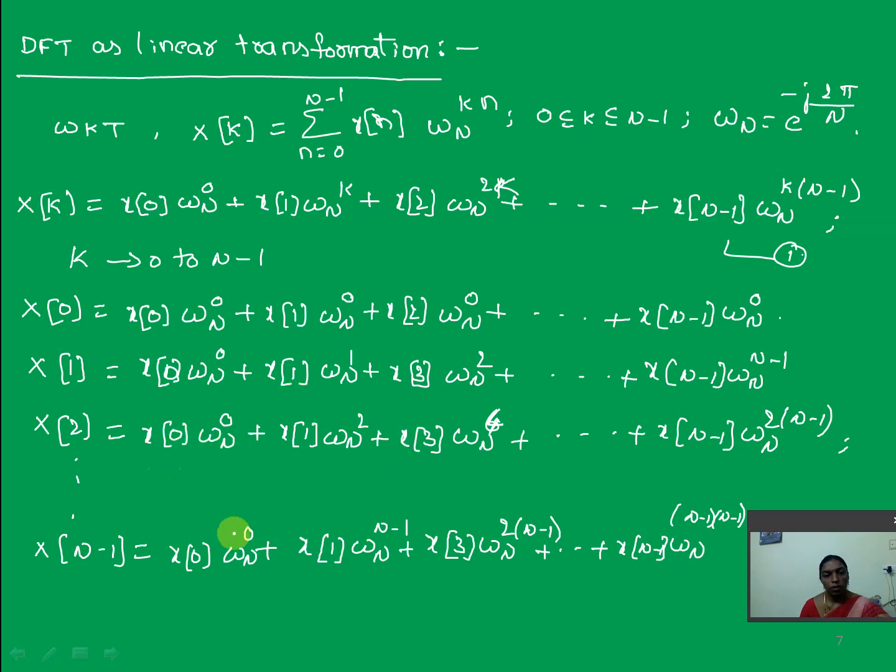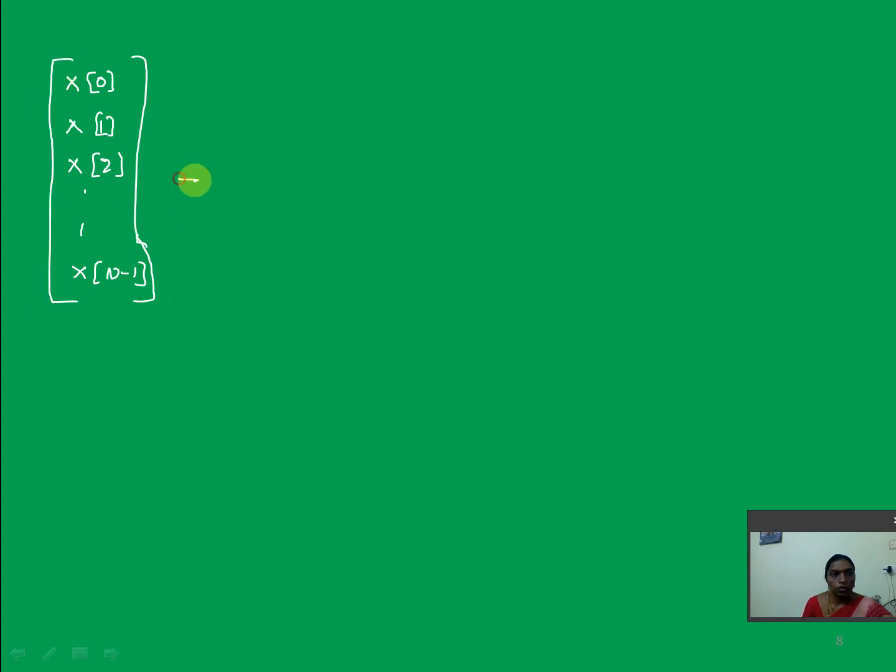Observe: firstly I am considering X of 0, X of 1, X of 2 and so on, X of N minus 1, the frequency samples, and here the N by N twiddle factor values as a matrix.